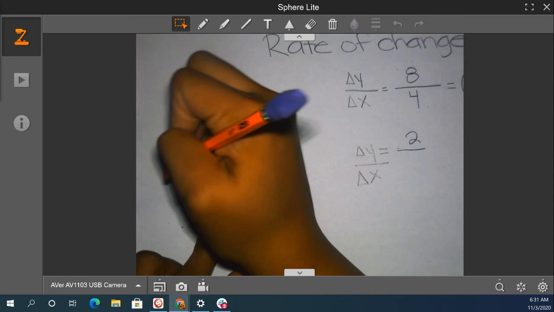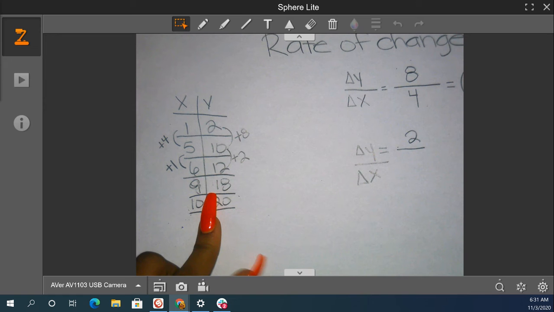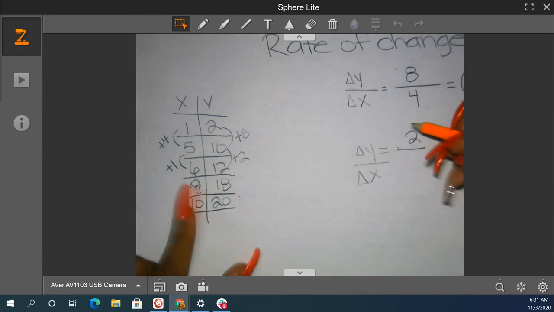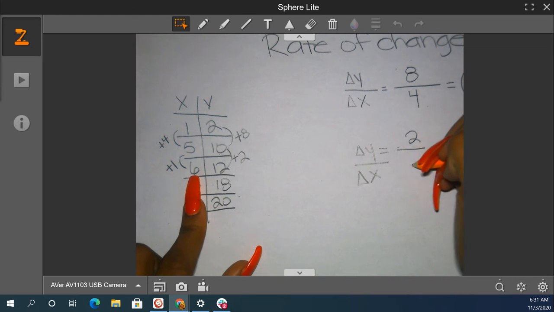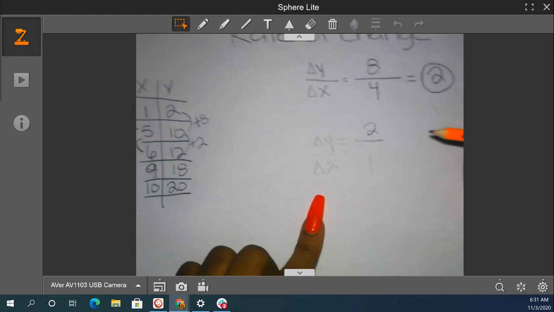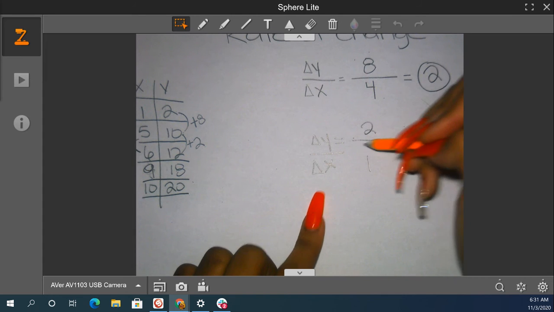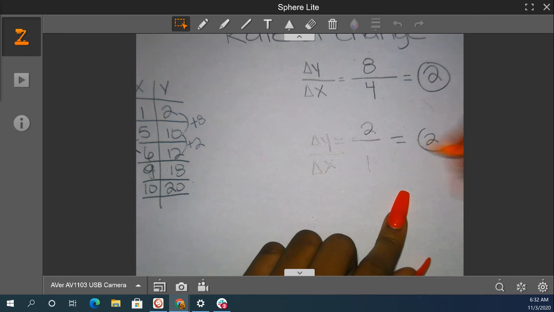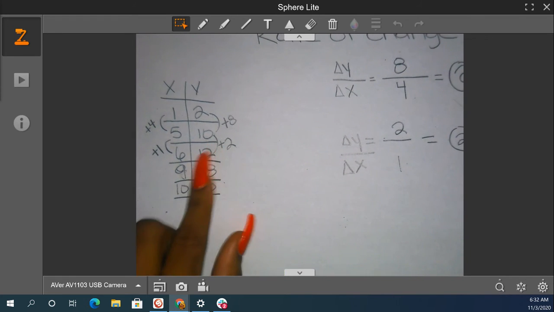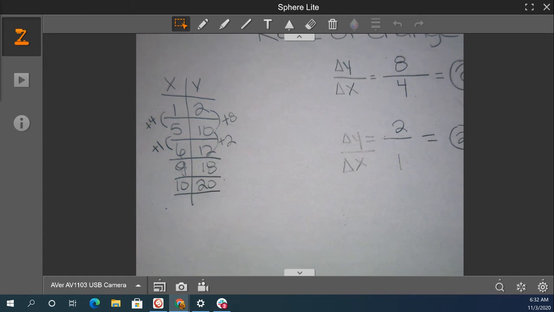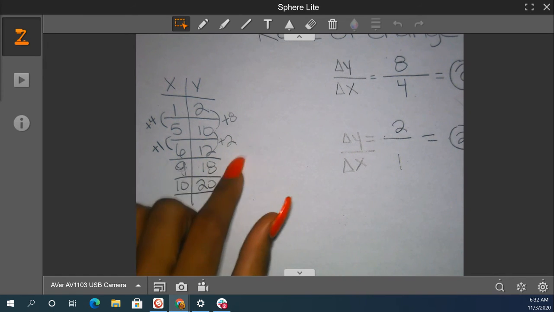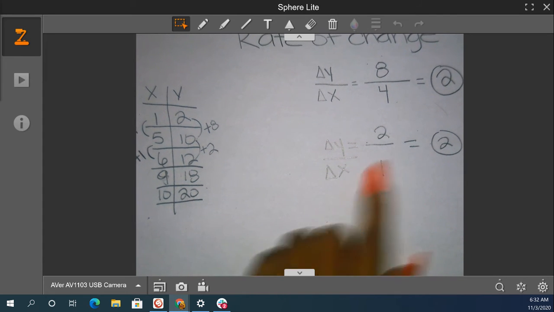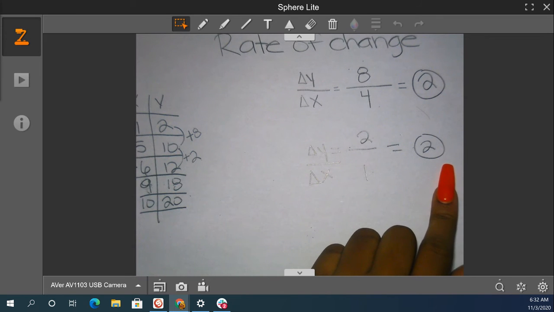This time it goes up by 1, not 4 like last time. So the change in x is 1. So it's 2 divided by 1, and I still get 2. As you can see, it's still increasing at a constant rate, even though it's not increasing by the same number. But when we find our rate of change, we still get the same rate of change.